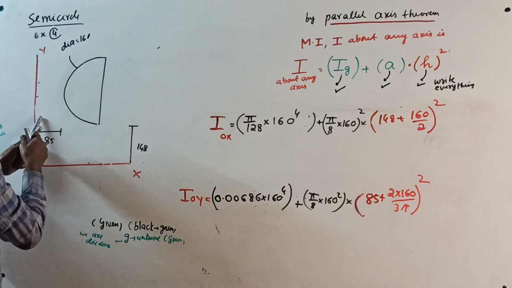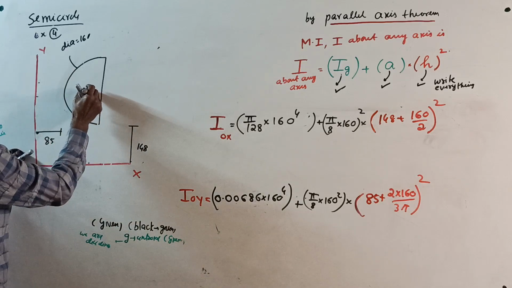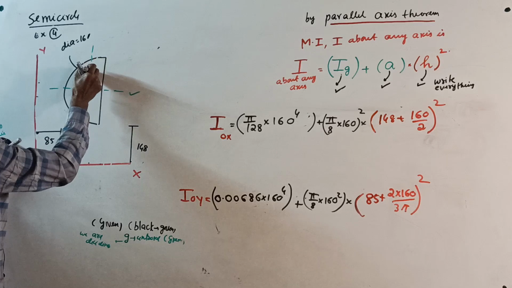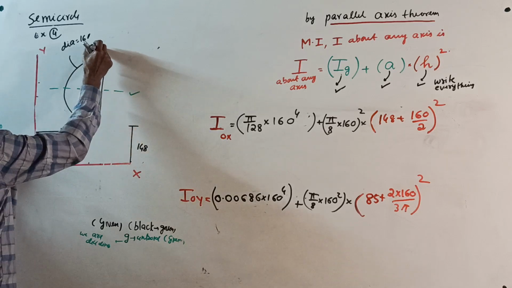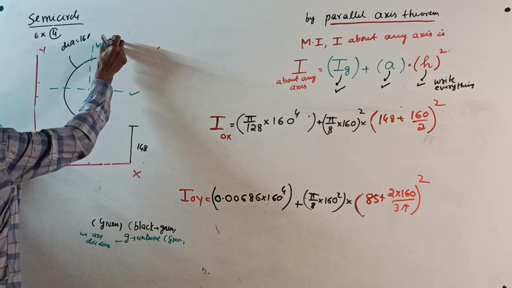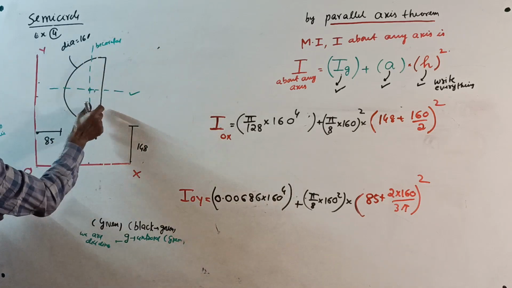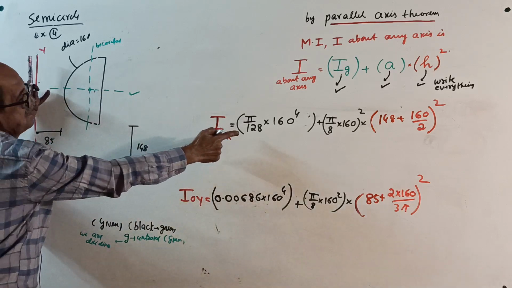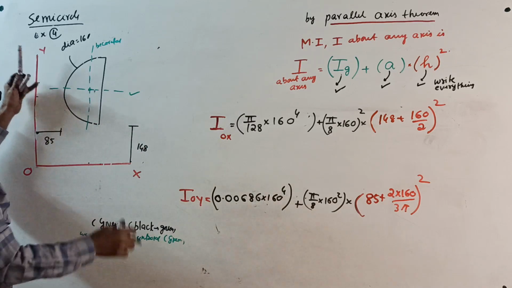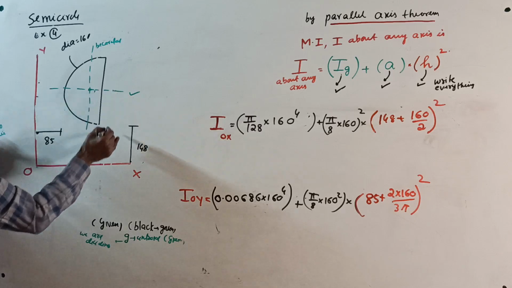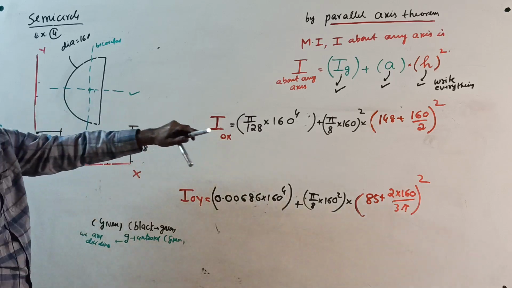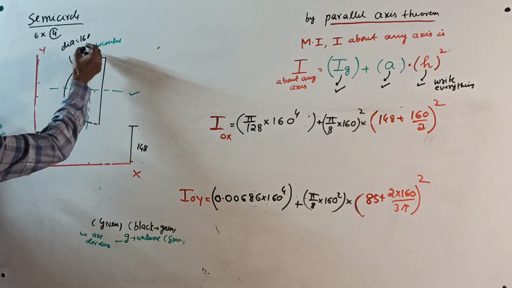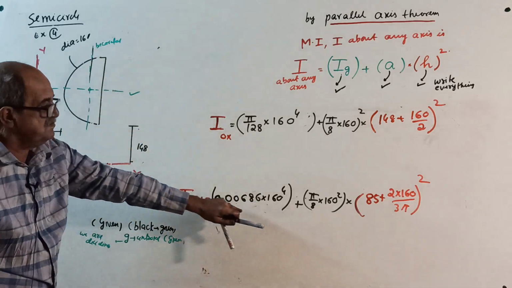160. Mark centroid. Centroid is here. This is no problem, happy case, but this is problematic. Be careful. This is 2d by 3 pi. Start: I about OX, first I about its own axis, same, pi by 128, 160 power 4, area into this distance square, 148 plus the same as last time. But when you do I about OY, first about its own OY, same as last time.